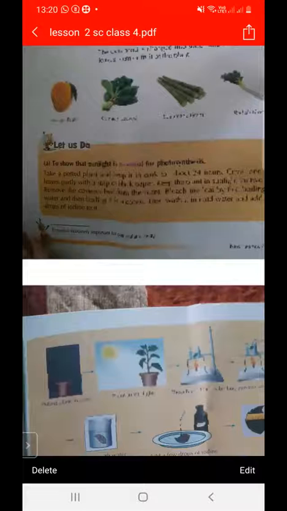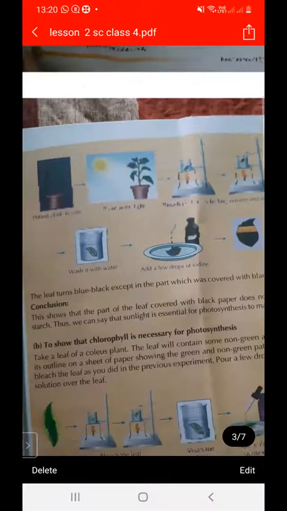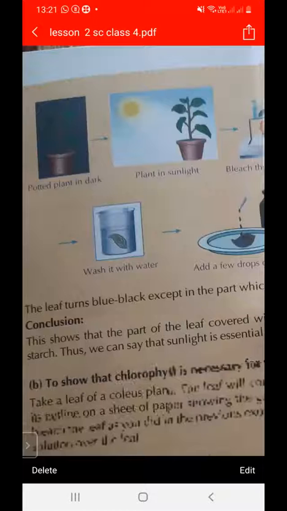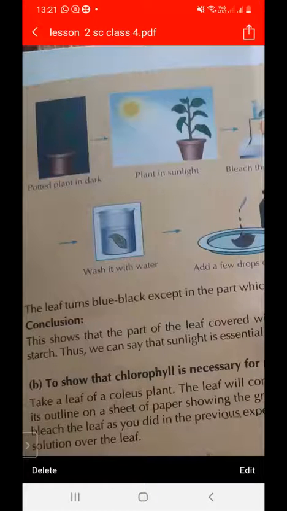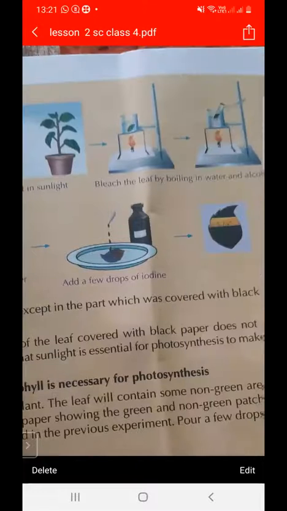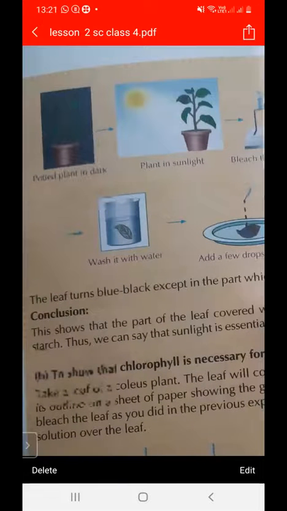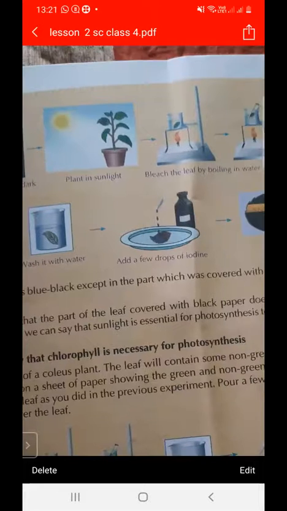Firstly, we take a potted plant, cover the middle of a leaf with black paper, and keep it for 2 or 3 days in the dark. Then remove this leaf and boil it in water. After boiling in water, we boil it in alcohol, then wash it with water, and add a few drops of iodine on it.